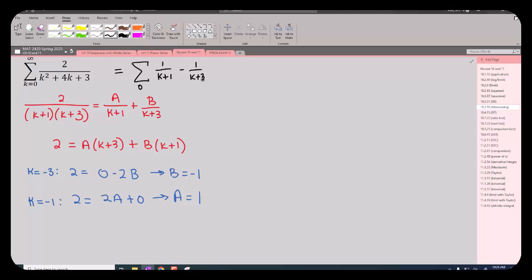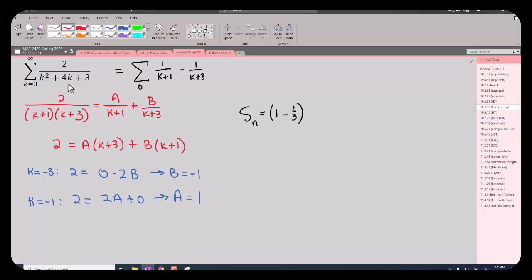When we're analyzing a telescoping series, what we need to do is look at S sub n. S sub n always means the sum of the first n terms. So we have to add the first n terms together. So let's just start adding. We plug in 0, and we're going to get 1 minus 1/3.